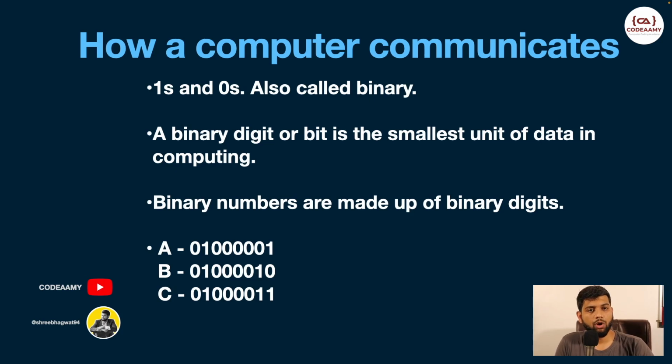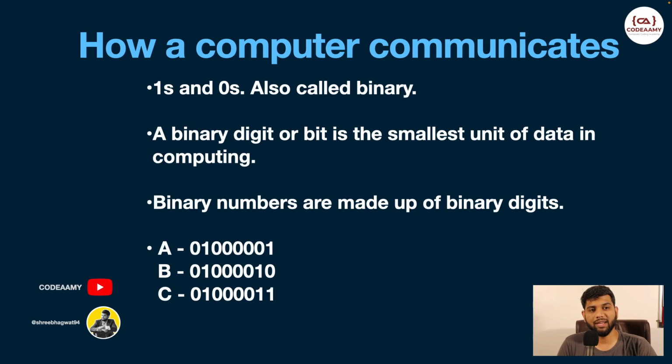A combination of this 1 and 0 together creates alphabets, letters, numbers that we humans can understand, and vice versa. The alphabets, letters or numbers that we input inside the computer get converted into this binary code which a computer understands. A bit is the smallest unit of data in computing, and binary numbers are made up of binary digits.